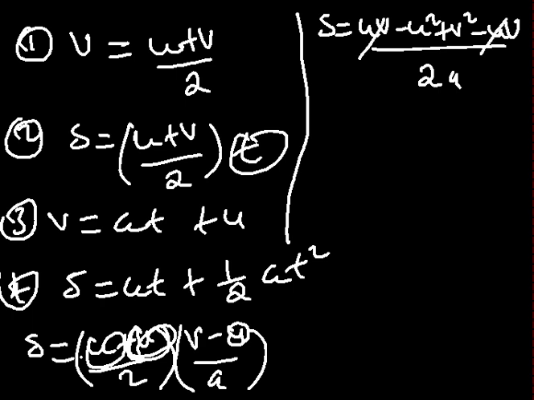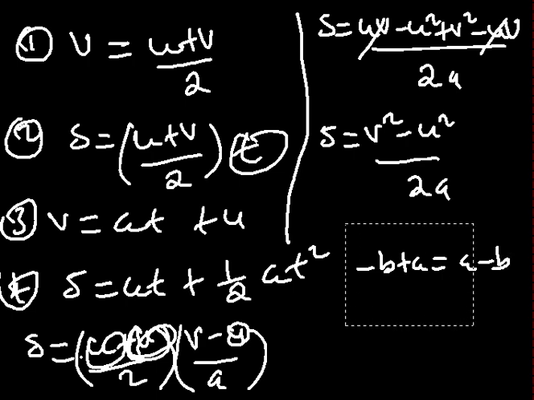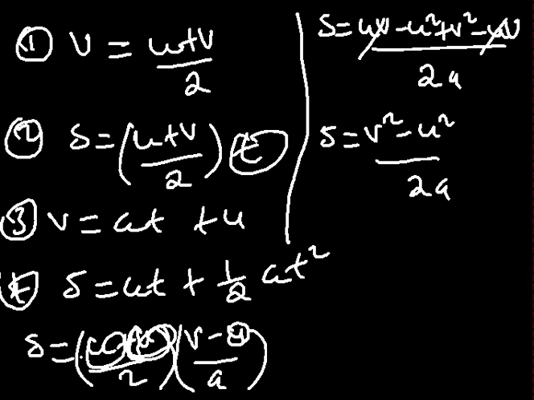Now this and this will go since they are direct terms. So the displacement is equal to v squared minus u squared divided by 2a. At this point, keep in mind that negative b plus a is the same as a minus b, in case you wonder what's going on there.